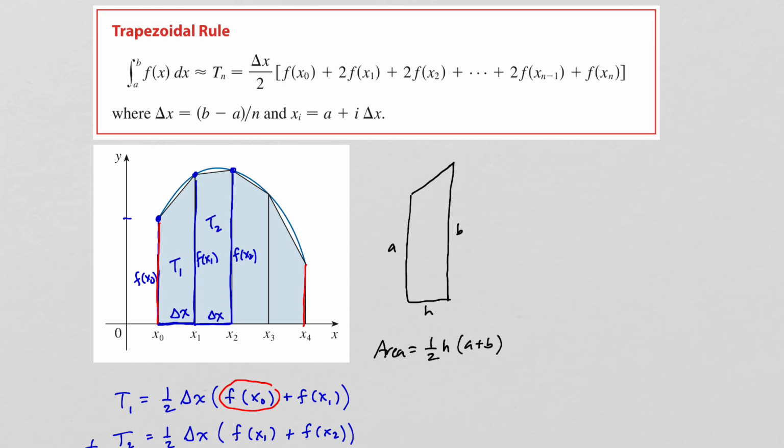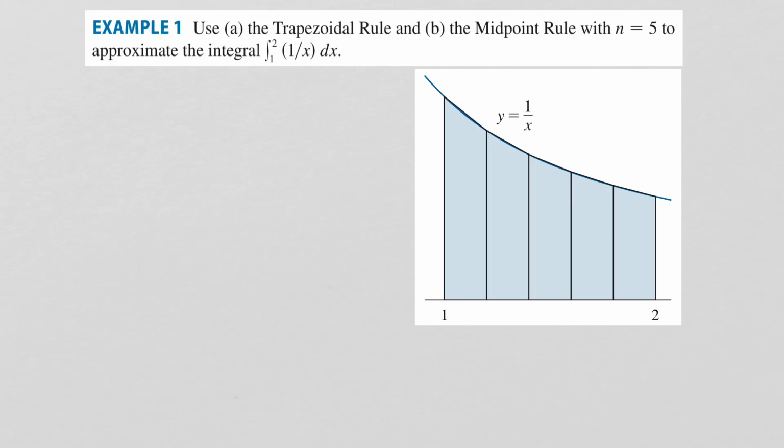So now let's go ahead and do an example where we approximate the area under a curve using the midpoint and trapezoidal rules. In our first example, we want to first use the trapezoidal rule with n equals 5 to approximate the integral from 1 to 2 of the function 1 over x dx.